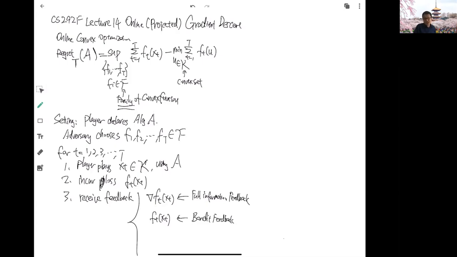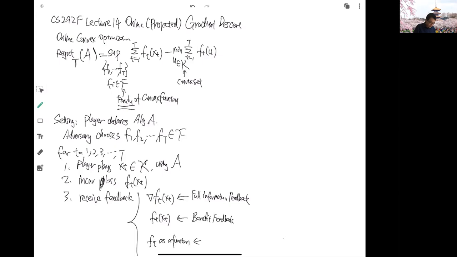Okay, there's a third type that's less studied, but I think it's worthwhile that we spell it out. Sometimes the player actually gets their hands on the full function, so f_t as a function. In which case the player, after receiving f_t, can potentially evaluate the gradient at points other than x_t, and evaluate the function value at points other than the points that you played before seeing f_t.